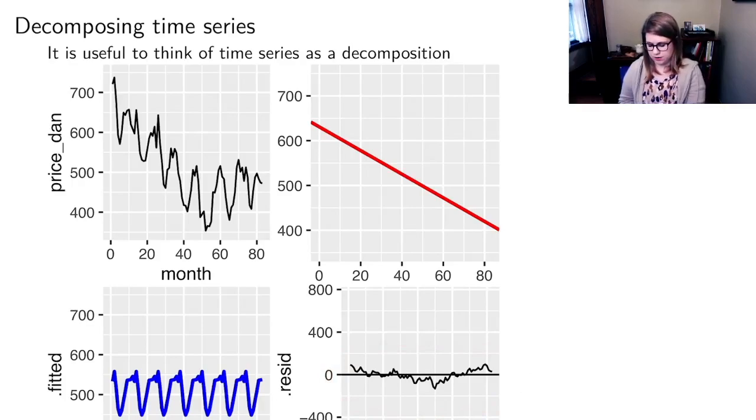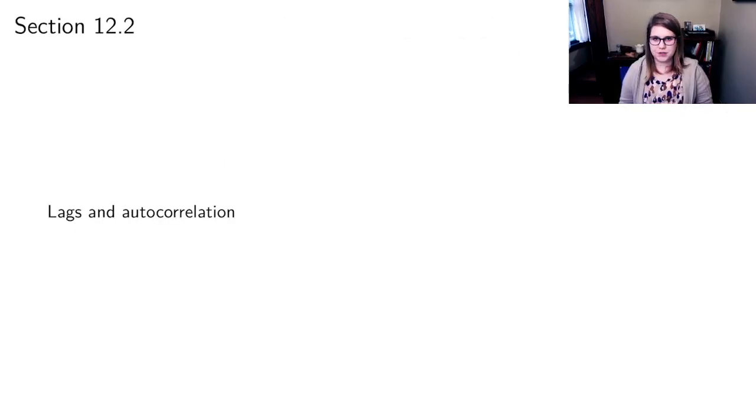So we could think about this piece being equal to this piece plus this piece plus this piece. So it could be broken down into those three pieces. So that was kind of 12.1, where we were just thinking about linear regression and how we could modify it to talk about time series.